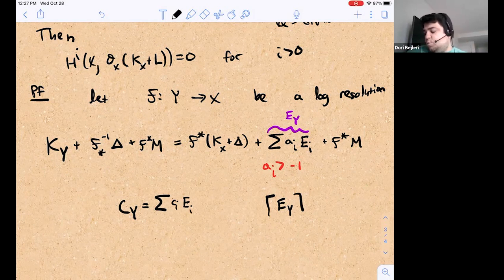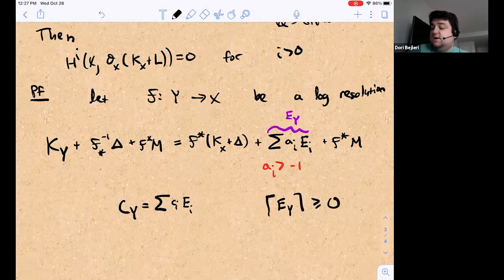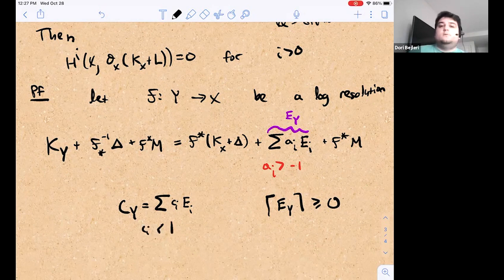Now the key point is that because of this KLT condition, when we round up, all the coefficients of the roundup are now greater than or equal to 0. So the roundup is effective. So that's where the KLT condition comes up. On the other hand, because we're rounding up, these c_i, the things we have to add on the other side to make the equality true, are all strictly smaller than 1. Because that's just always true when you're rounding up.